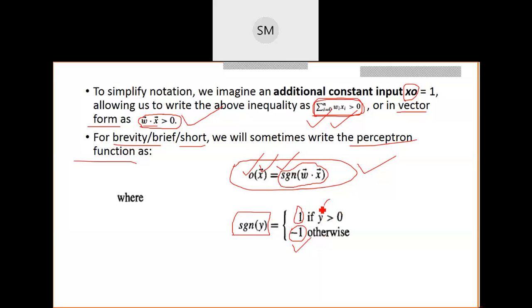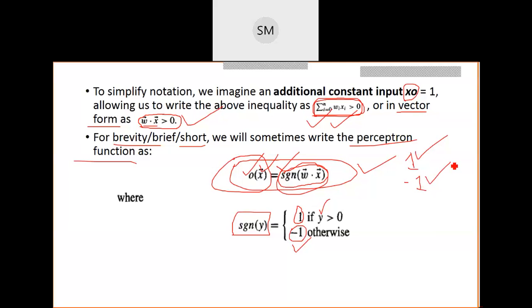So in the place of this sign of wx, you can imagine it as a plus 1 or a minus 1. Now try to understand the output of x. So the output of your perceptron over the inputs x vector will be either plus 1 or minus 1. Now are you understanding?